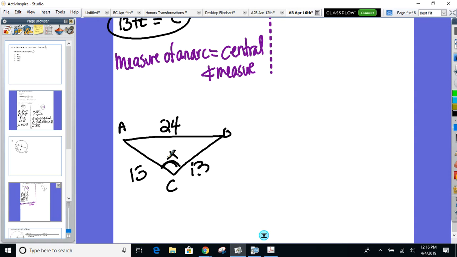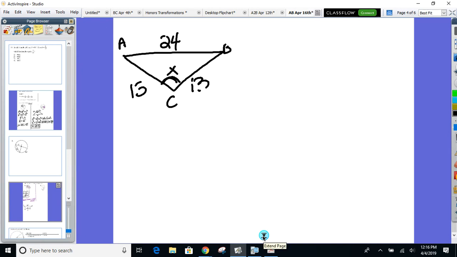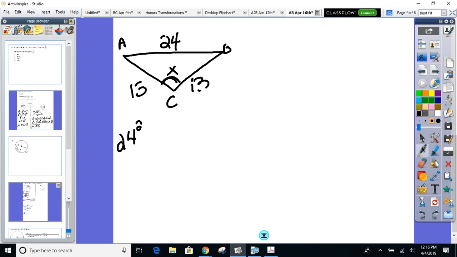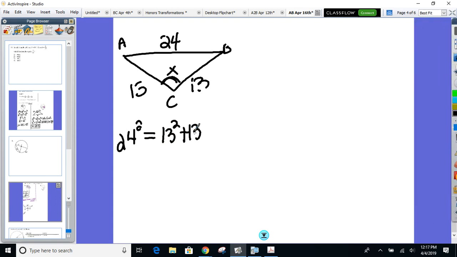All right, again, I only have one angle, can't use law of sines, so I'm going to use law of cosines once again. So again, what's the side opposite the angle I'm trying to find? 24, that's what I start off the law of cosines with, 24 squared equals 13 squared plus 13 squared minus 2 times 13 times 13 cosine x. Now I have to get the angle all by itself.